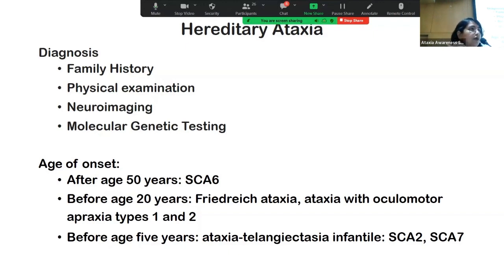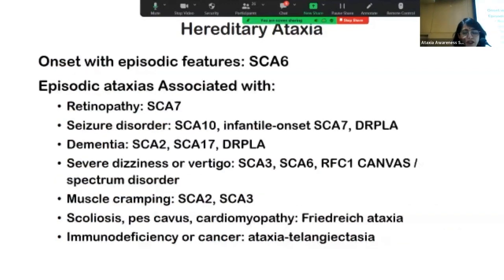And before the age of 5, as a little child, you see ataxia telangiectasia, which manifests in infancy also. I think hypotonia must be there and some other symptoms can be there. So basically, whatever the age of onset, it can be hereditary. Even if it is late onset, think about it that it could be hereditary.